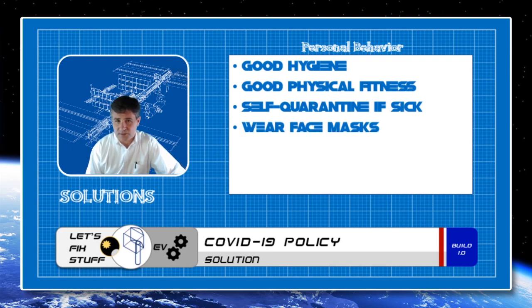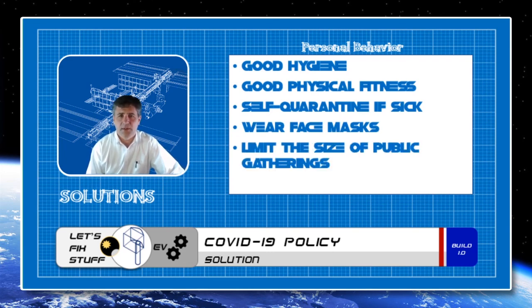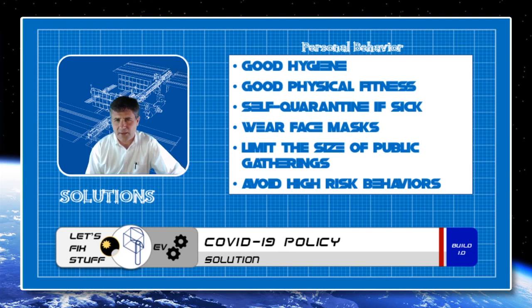One of the other solutions that are being proposed is that of wearing face masks. Let's go off and evaluate where that fits into the big picture. We can also limit the size of public gatherings. Remember, we don't know exactly what the right number is on this, but we do know that less is best. So we got to consider limiting the size of public gatherings as one of the possible solutions. And then the other part is avoid high-risk behaviors.